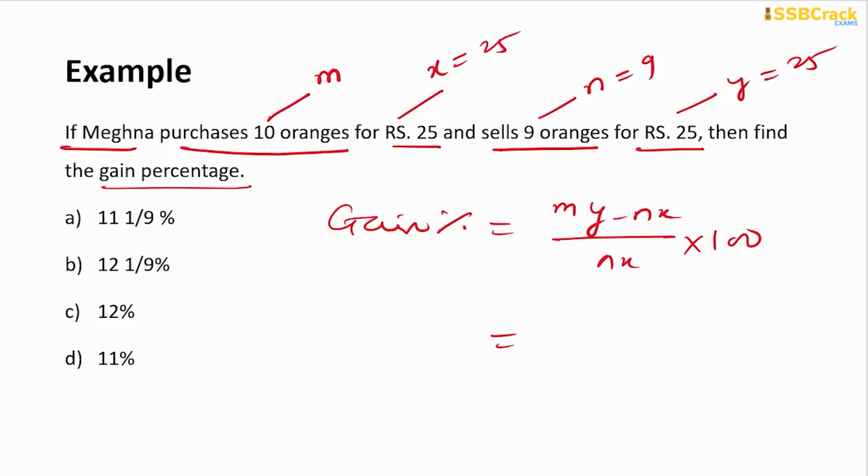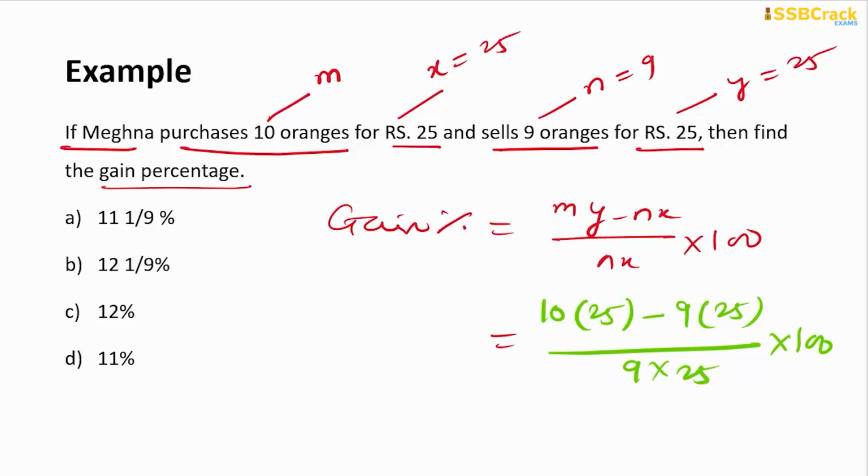All the parameters are known to us. M is 10. So 10 into Y, we have 25, minus N, which is 9, into X, which is 25. And upon NX, that is 9 into X, 25, multiplied by 100. We can simplify this.